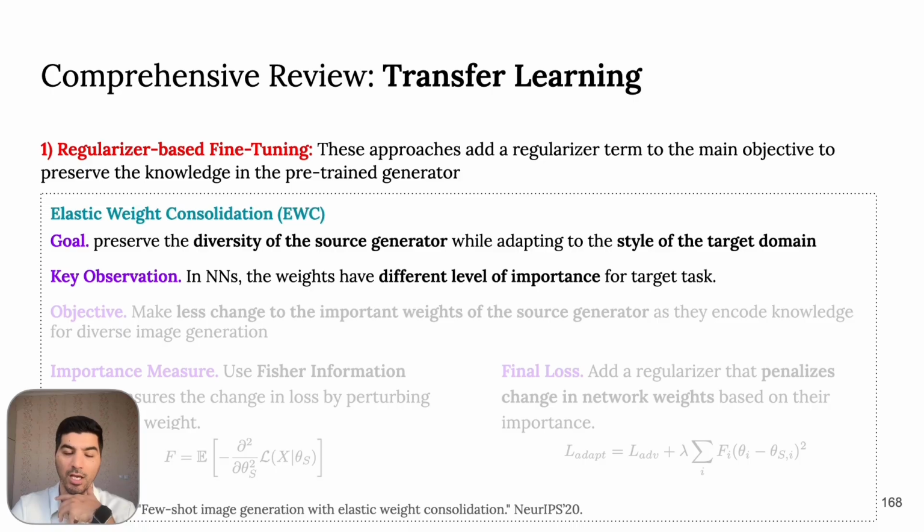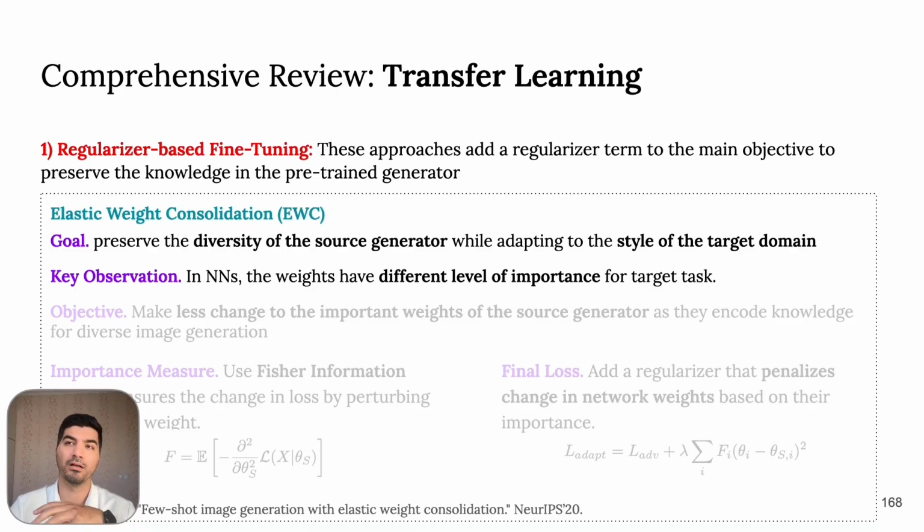They have a key observation, and they mention that in neural networks, usually weights have different levels of importance for a target task. This target task could be image classification, regression, or image generation. Usually, a subset of weights in a neural network are important. If you degrade them, the performance will degrade severely.